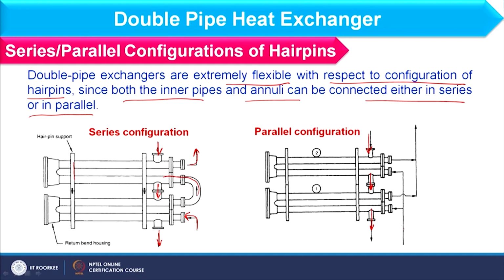When I am considering the inner pipe configuration, it will be divided into two sections, half will travel here and half will travel here, and then combined it will exit. So, that is basically the parallel configuration. Here we consider both configurations and we can design the double pipe heat exchanger accordingly.